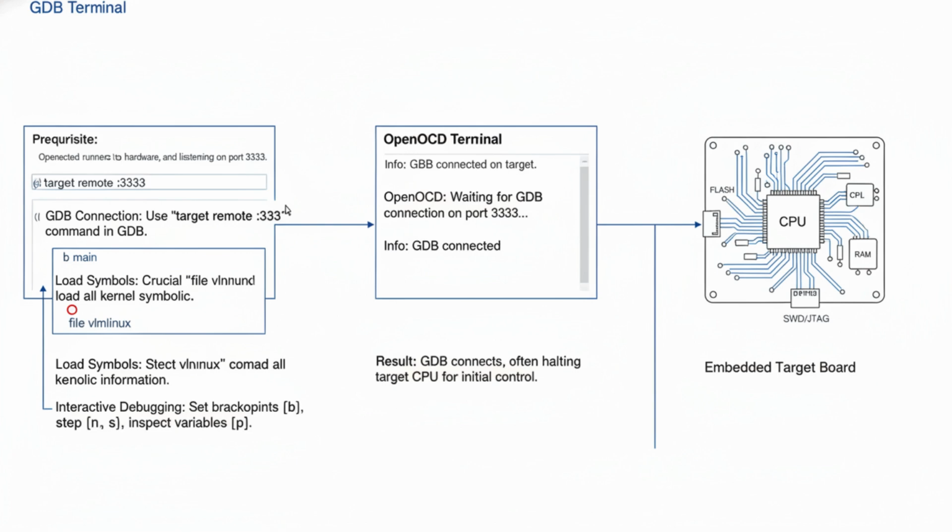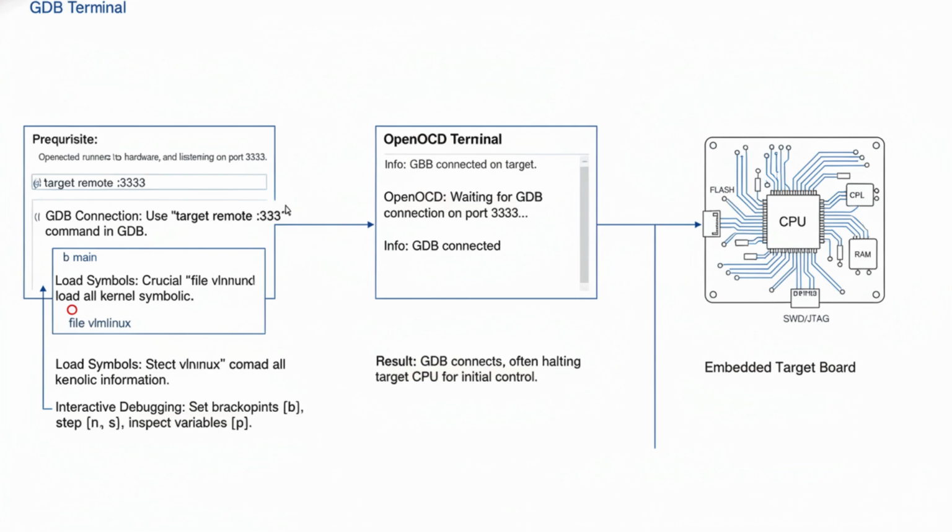First, confirm that OpenOCD's console output indicates a successful connection to the target and that it's awaiting GDB connections, typically on port 3333. Then, within your GDB console, you initiate the connection using the command target remote :3333. Upon a successful connection, GDB will often pause the execution of the target CPU, giving you complete control over its state.